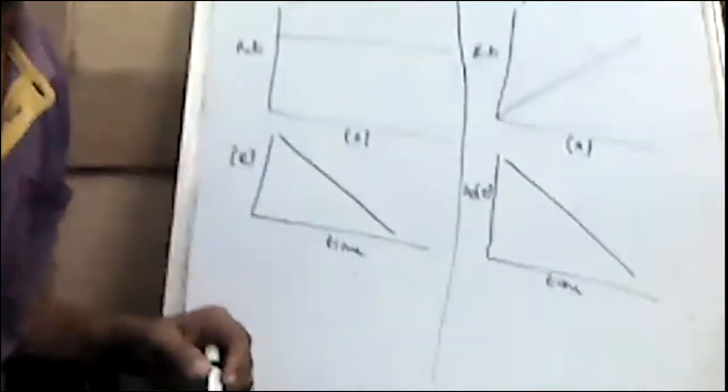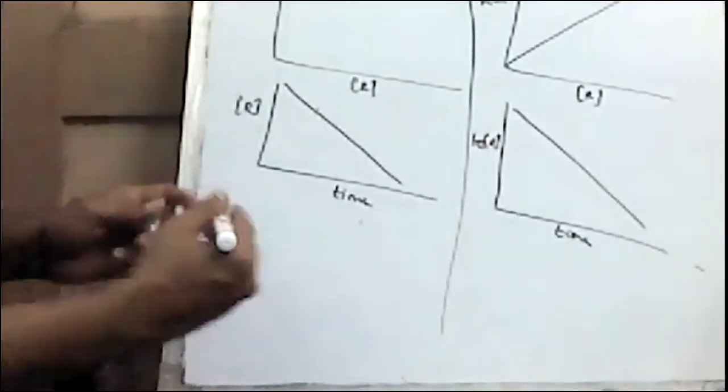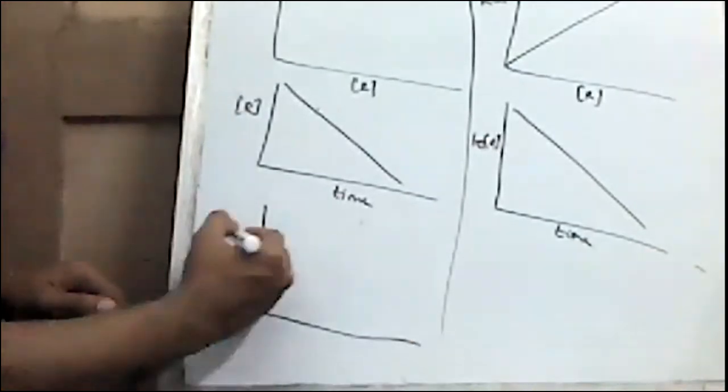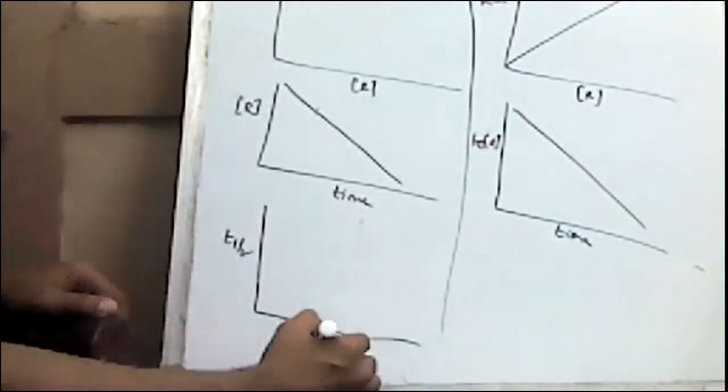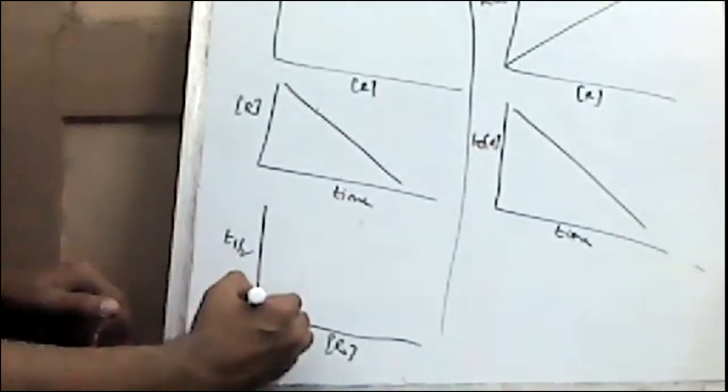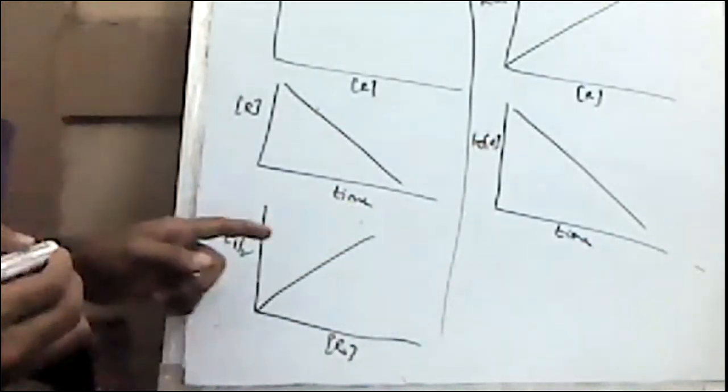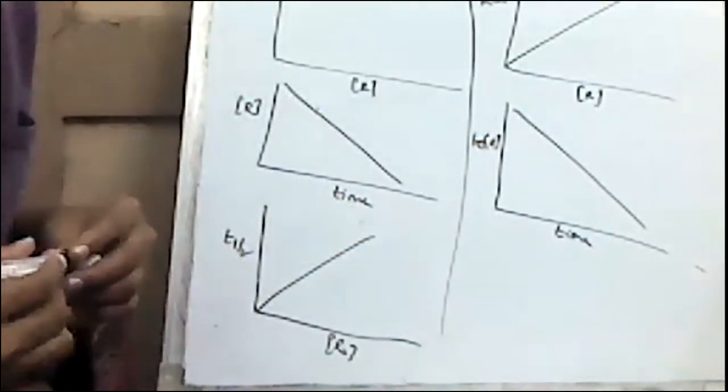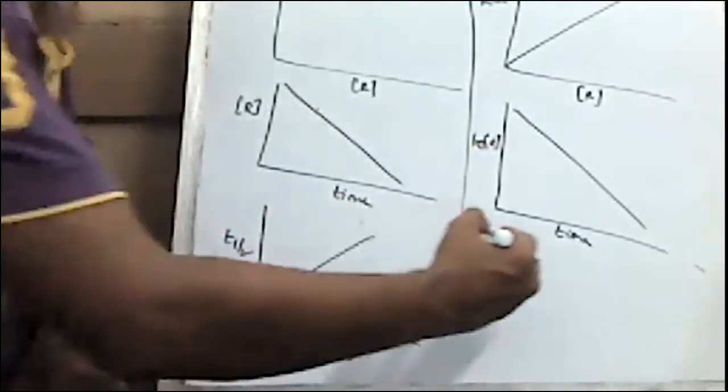Now let me discuss the third plot: half-life versus concentration of reactants. The plot is like this. You see, for zero order reaction, half-life increases with increase in the concentration of reactant.